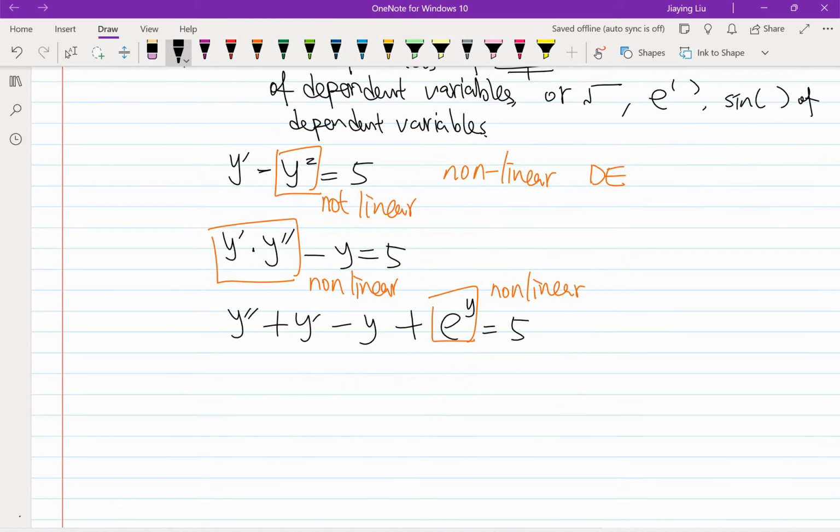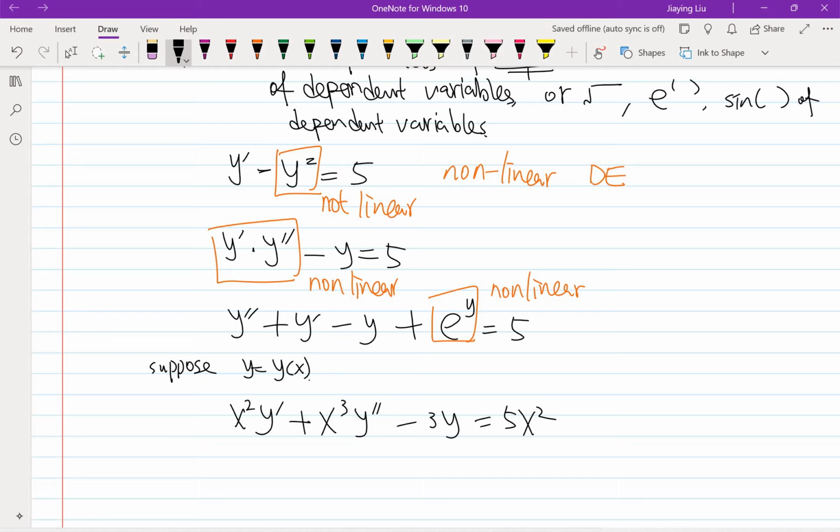Now, what about this one? Let's just say y is a function of x, right? Let's see, x squared y prime plus x cubed y second derivative minus 3y equals 5x squared, for example.